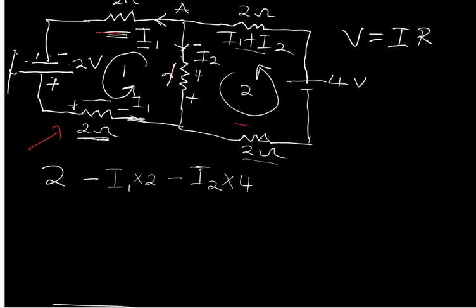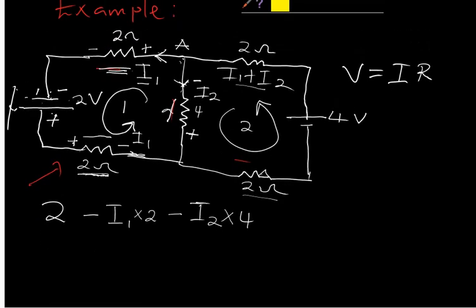Then I pass through in the same direction. The very first terminal will be positive and the second negative, and that is still a fall in voltage, so that will be minus I1 times 2.